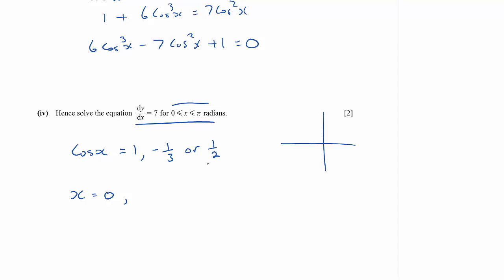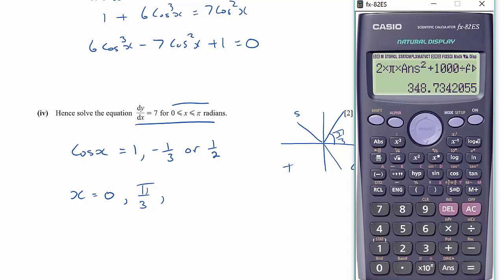So what about the half? ASTC, inverse cosine of 1/2 is pi by 3. And the other one will be down there. So pi by 3. Then we can have a -1/3. There's likely to be one in here.